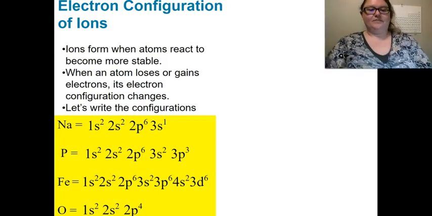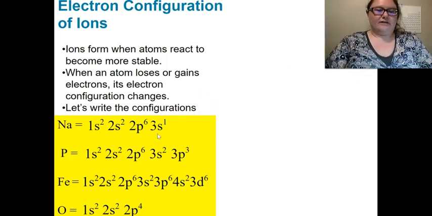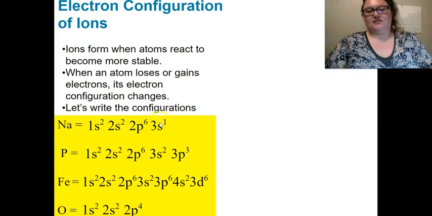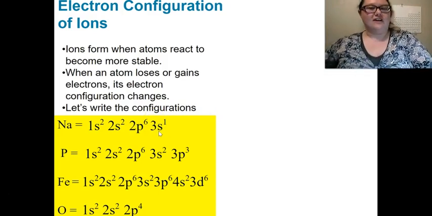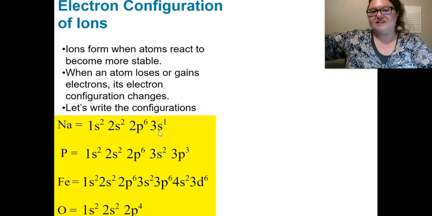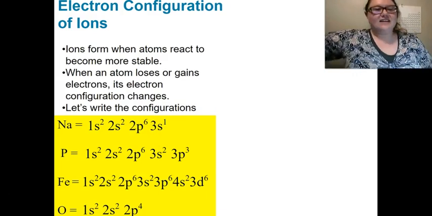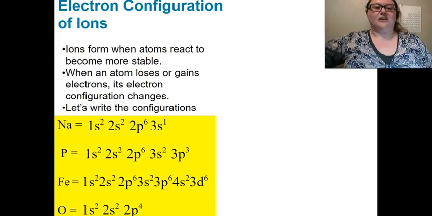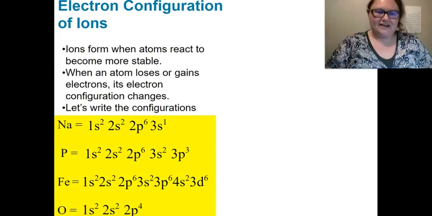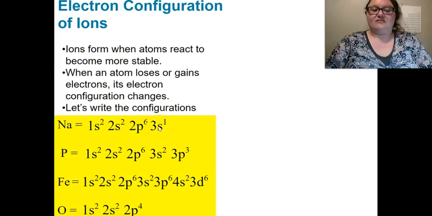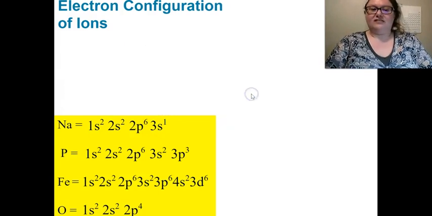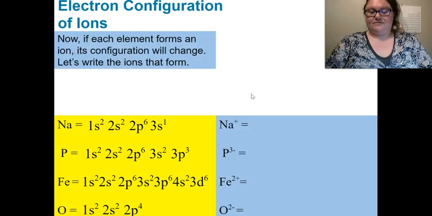So sodium would love to give up this one electron that's the furthest from its nucleus. It's not hanging on to it very tightly. It's way away, right? So it could easily give that electron to some element that needs it, like a chlorine, okay? So if it gets rid of that, what's left for sodium?